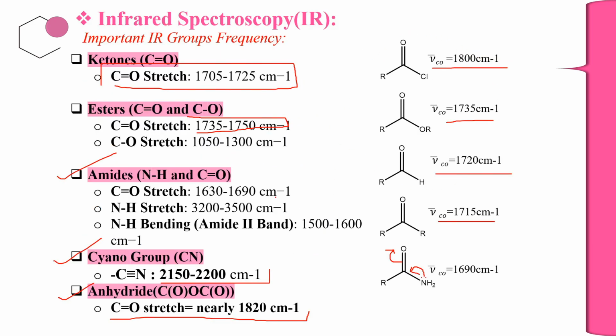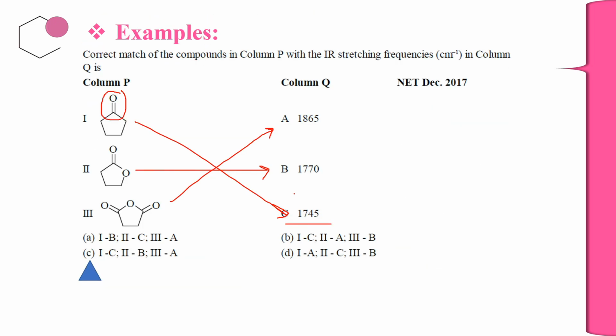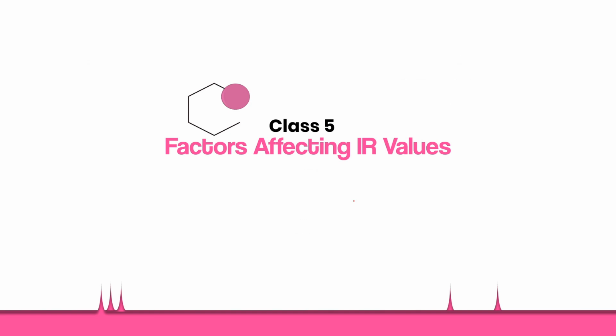You can check from these values, and not only that, every time the value lies in this range, sometimes it is a little higher and sometimes a little lower, depending upon the compound, but more or less, this is the rough approach to check the IR groups. So the correct answer is this for that question, and this question came in NET December 2017.